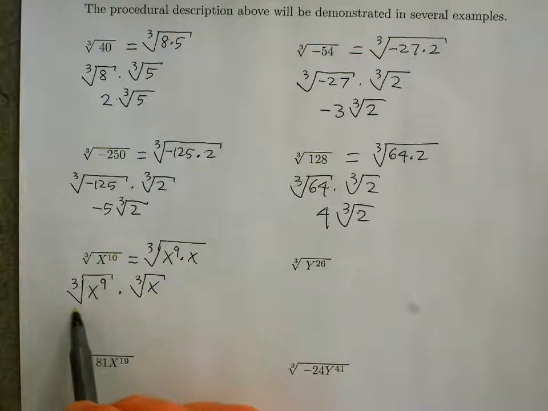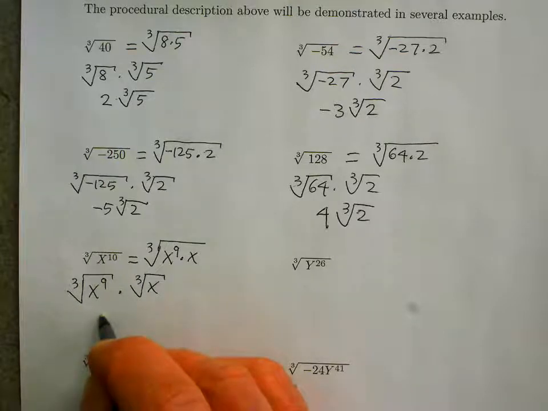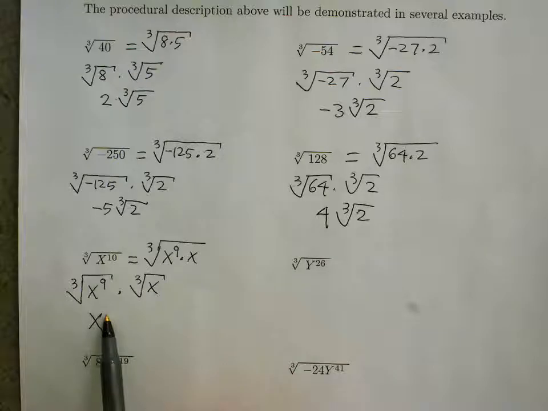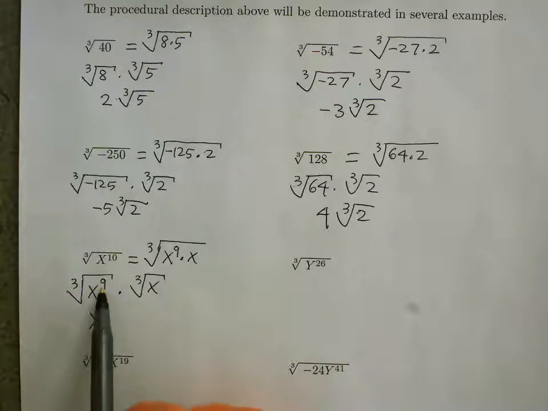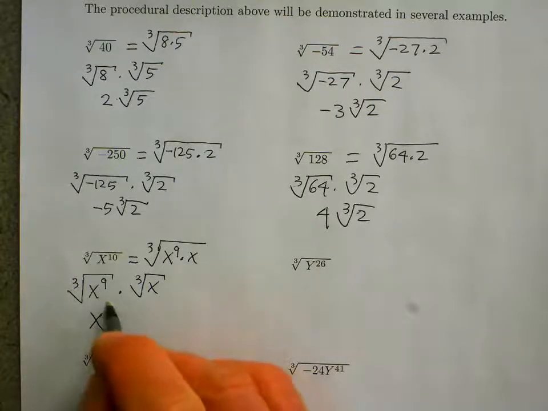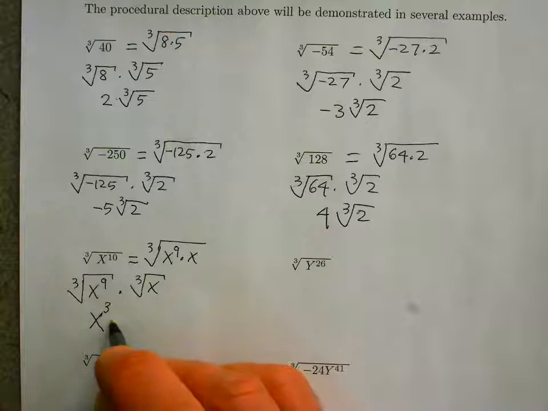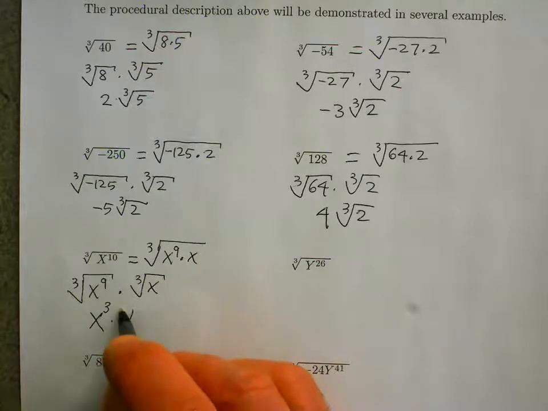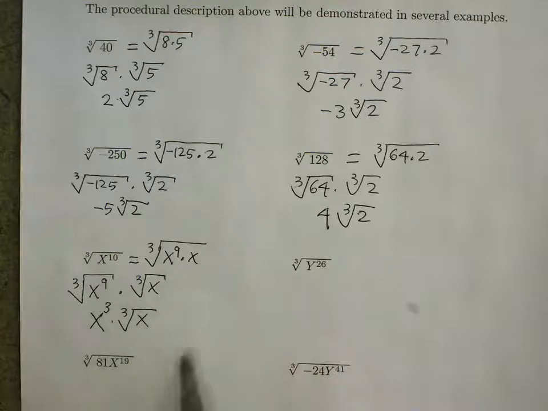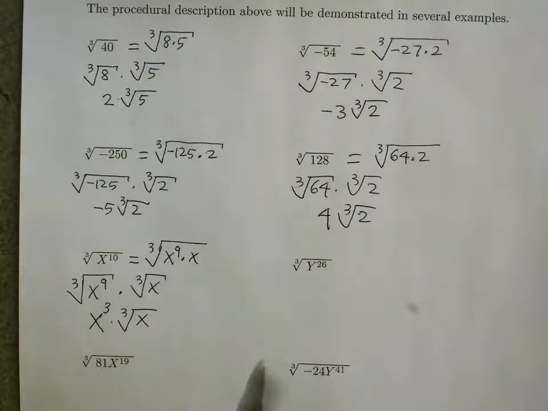We remove the radical, write the variable x, and what's the exponent? It can be found if you divide 9 by the index 3. 9 divided by 3 is 3. And then we multiply x to the third times the cube root of x. So this is as far as we can simplify that expression.